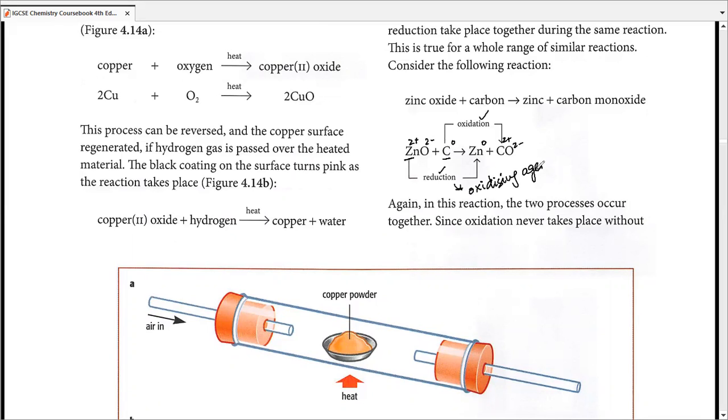And the one that is going through oxidation is the reducing agent. That's how simple it is. And this is going to be the same thing every time. Whenever something goes through the process of oxidation, it's the reducing agent. And whenever something is going through the process of reduction, it's the oxidizing agent.